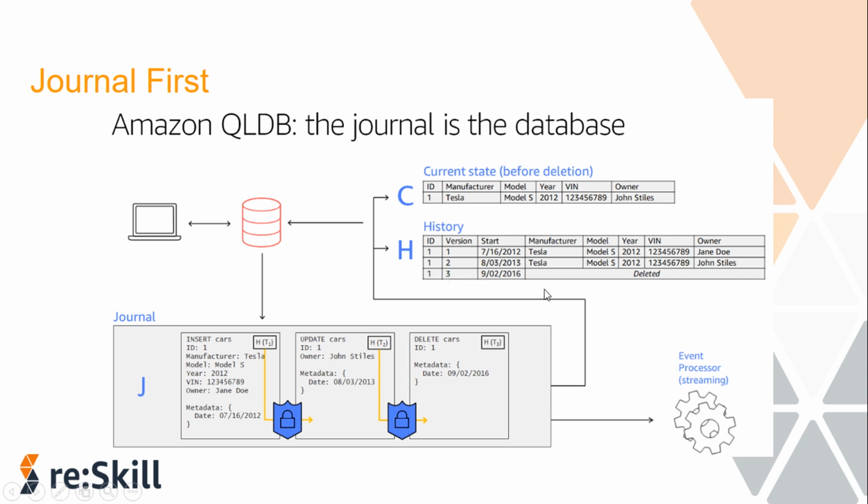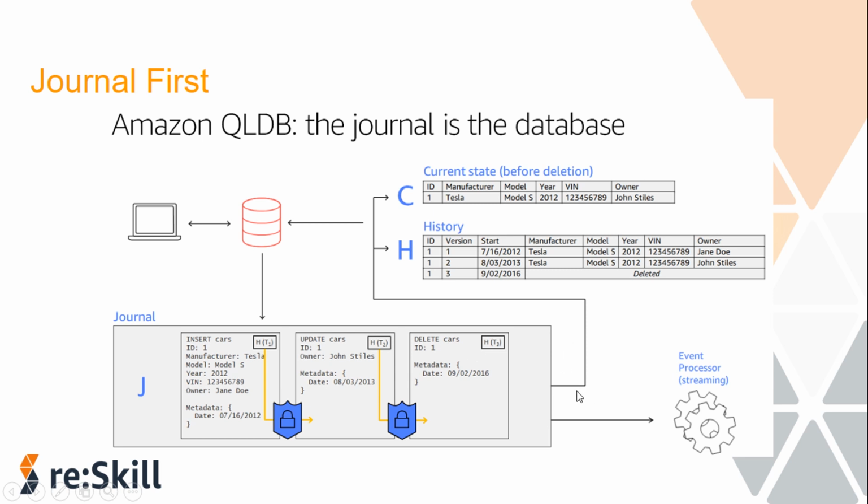In this diagram, we can see an example where an application connects to a ledger and runs transactions that insert, update and delete a document in a table named cars. You can see here the data is first written into the journal in a sequenced order. Then the data is materialized into the table with the built-in views.